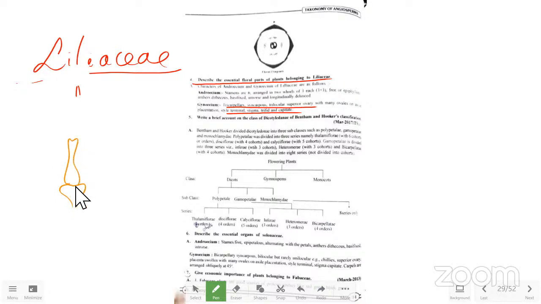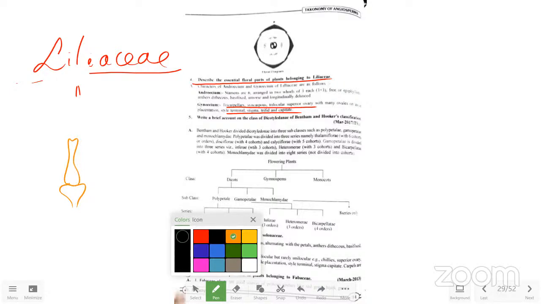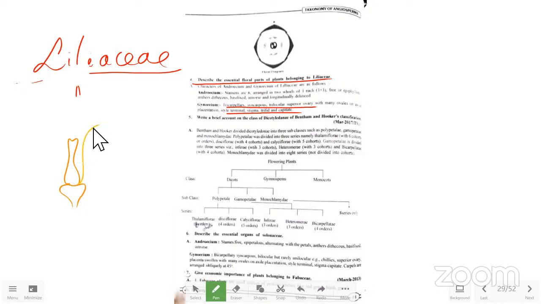This is the first: what we have to draw is the ovary, style and the stigma. Then we have to draw the stamens.